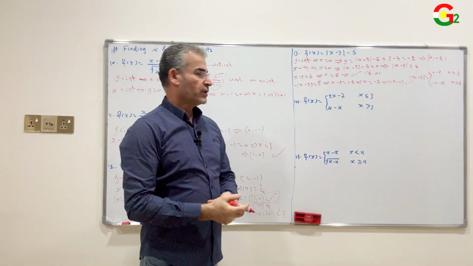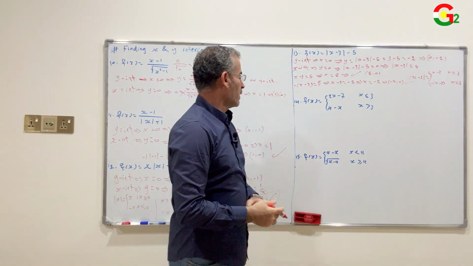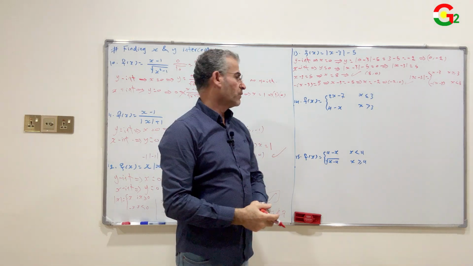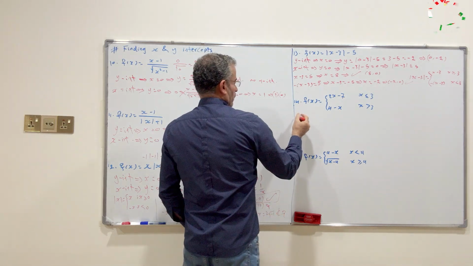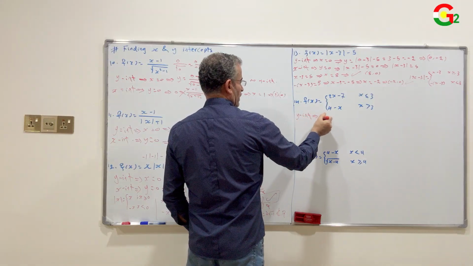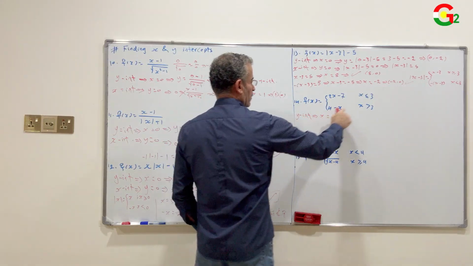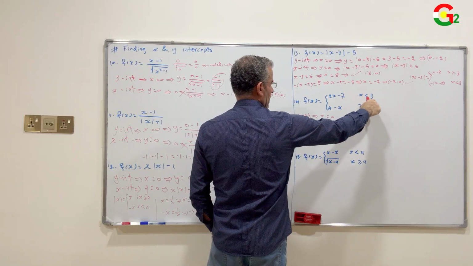Example number 14. Piecewise function: how can we find the x-intercept and y-intercept for a piecewise function? For the y-intercept, we set x equals 0. Does 0 belong to this interval or this interval? Sure, it belongs to the interval where x is less than 3.